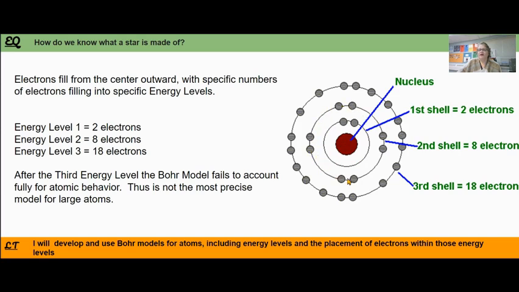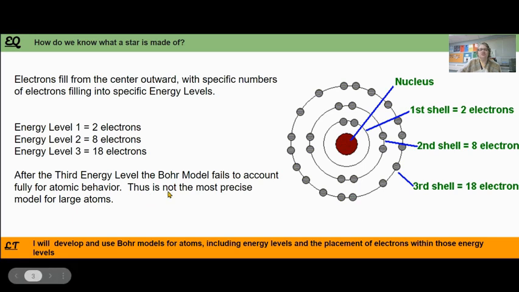So if an atom has more than 2 electrons, it's going to fill that first 2, then fill in the next 8. My second shell can contain 8. Our third shell can contain 18 electrons.